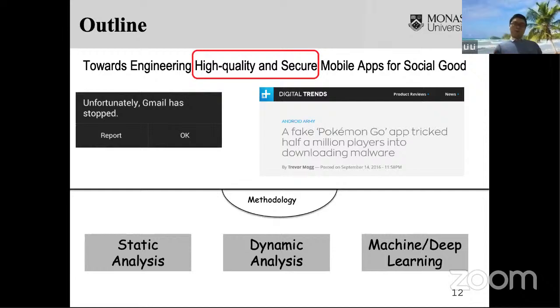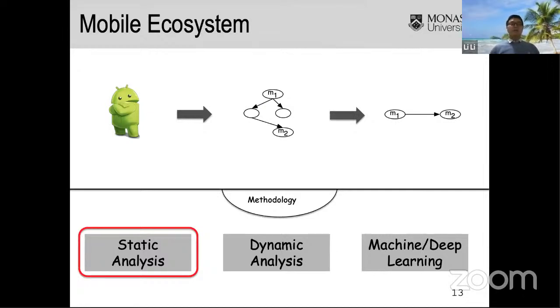Now let me briefly introduce what these three techniques mean. Static analysis generally means looking at software artifacts statically, without actually running the code. Take a very simple example: a static analysis approach might read Android bytecode and mine the code to make connections between different code artifacts, such as methods, to build call graphs, for example, and then generate results based on this graph.